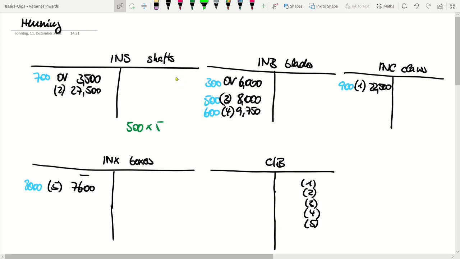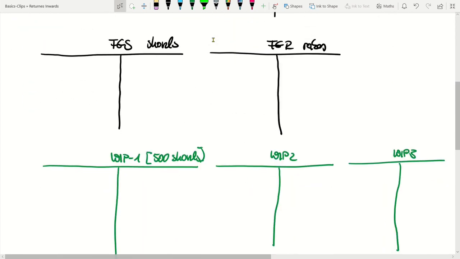The contra entry is the work in process 1 account. Thereafter, I'm left with 200. I make the contra entry in the work in process 1 account, 2,500.